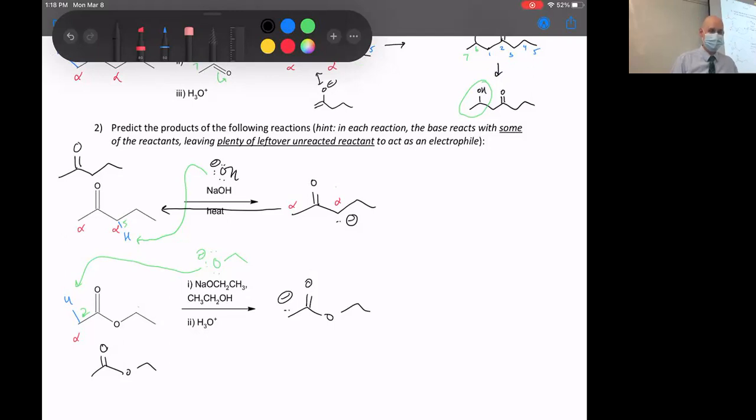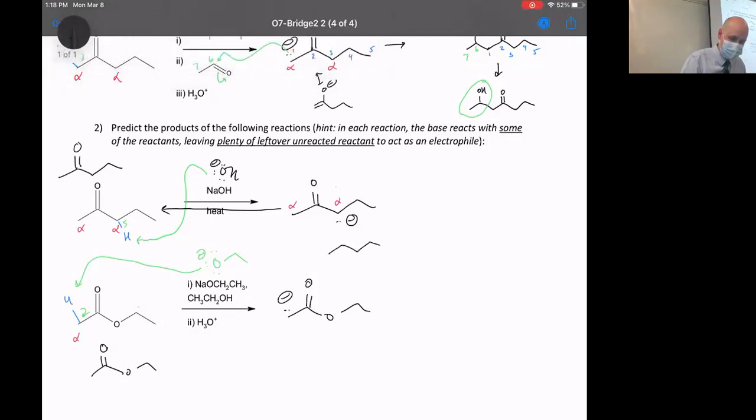So think of this like we had 100 of these molecules in a pot, and I added sodium hydroxide. It's going to turn one of those 100 molecules into a nucleophile, but then you're going to have 99 left over as electrophiles. So you don't need to add another electrophile. You just have more of this thing hanging around waiting to be your electrophile. So your electrophile will just be another molecule of that thing.